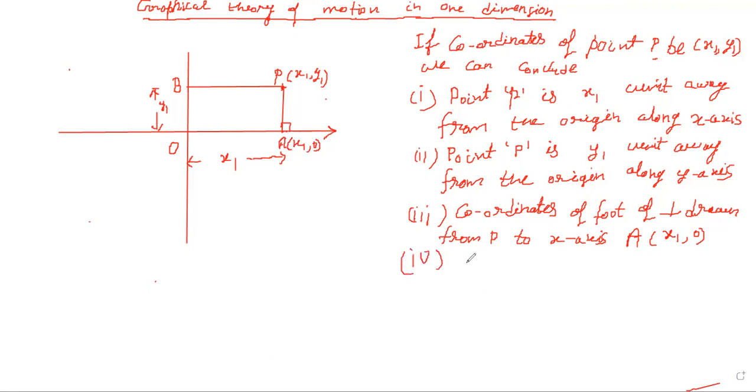The fourth point is also the same: the coordinates of the foot of the perpendicular drawn from P to the y-axis. B is the foot of the perpendicular drawn from P to the y-axis.